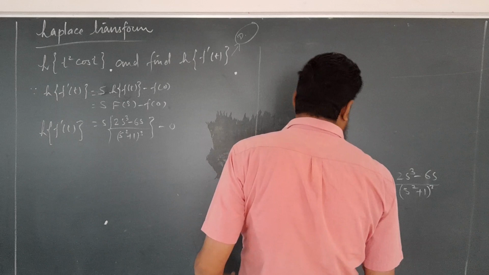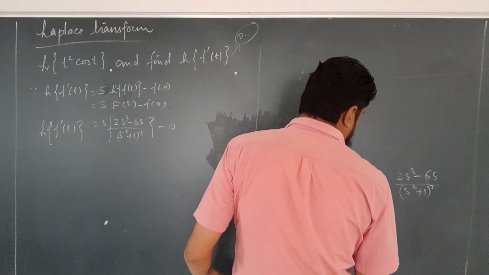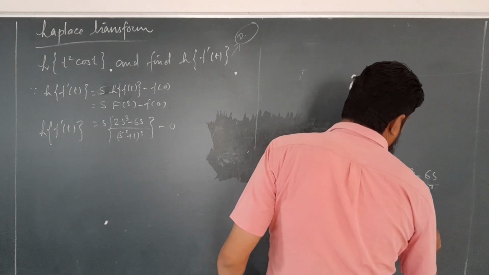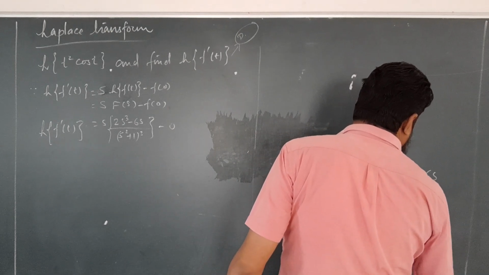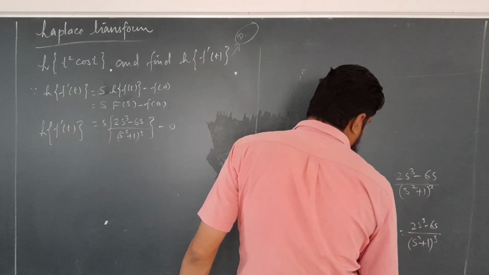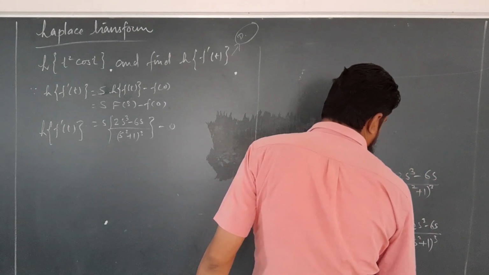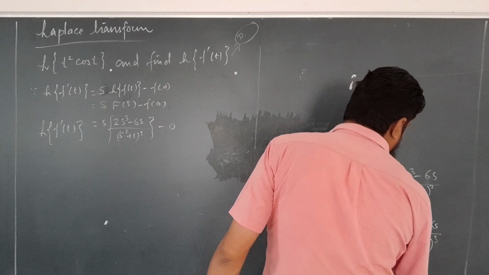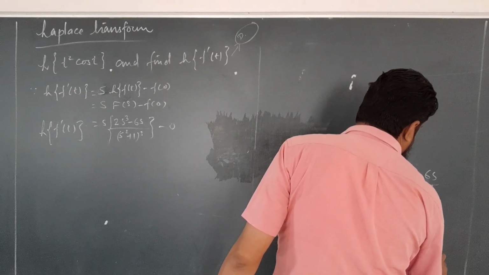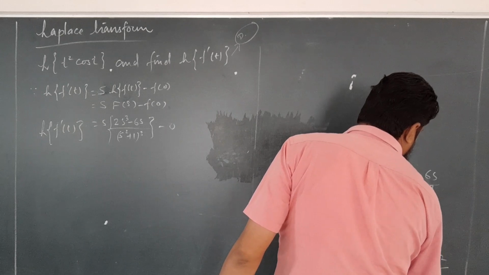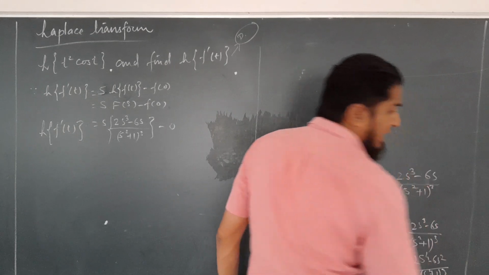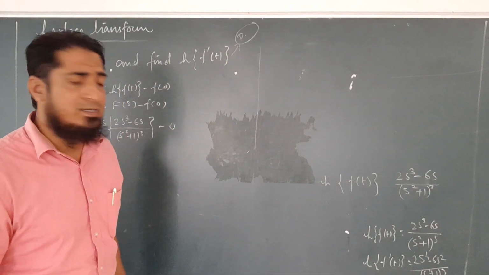Laplace transform of f of t is equal to (2s cube minus 6s) upon (s square plus 1) cube, and Laplace transform of f dash of t is equal to, just multiplied by s, (2s raised to 4 minus 6s square) upon (s square plus 1) bracket cube. We have all these results.